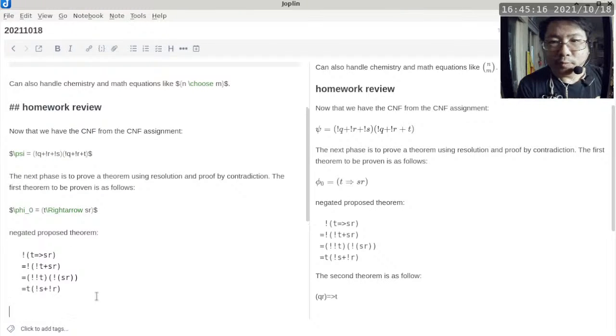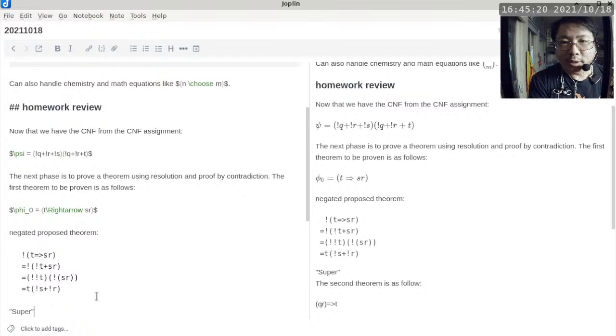So now moving on to the, I'm going to put it in quotes, super CNF. Super CNF is basically, in this case, I'll use the math symbol first. So it is psi and, okay, just to be very clear that we have a conjunction here, this is psi and phi 0, or not phi null.